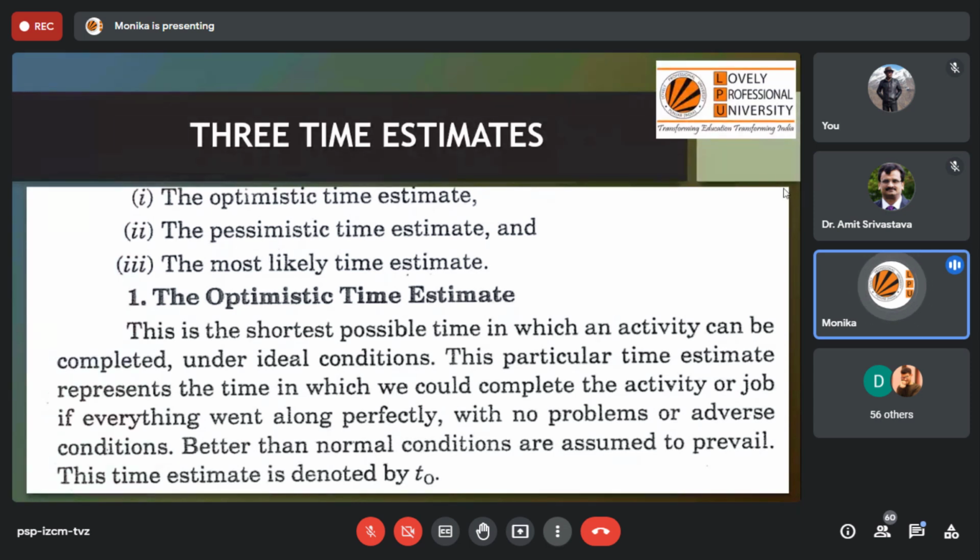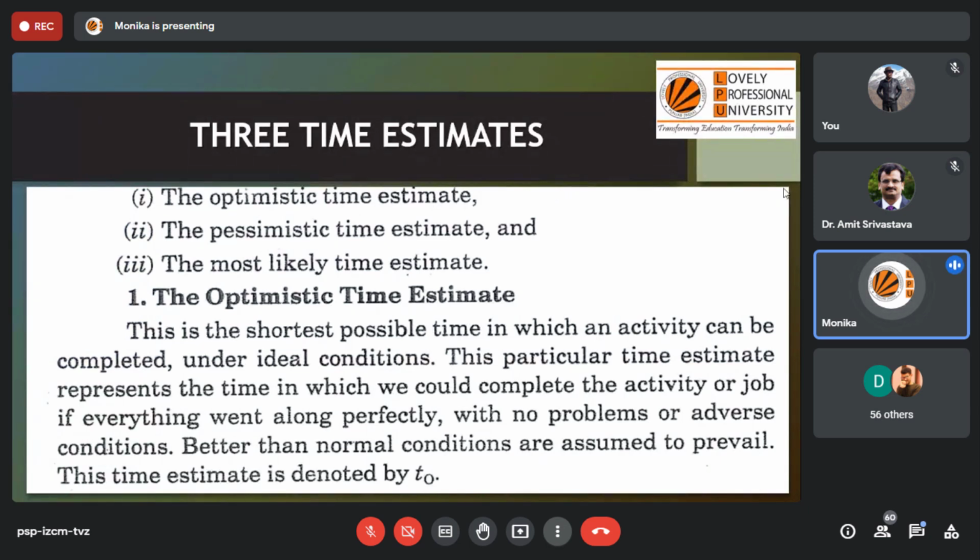Otherwise, let us consider there is continuous rain for 10 days or 5 days. It means our project will get delayed by some duration. Now, we cannot say that if rain is there for 5 days, then one activity is delayed for 5 days only, and the overall project will also be delayed for 5 days. No, because the interdependency of the activities will decide how long the total duration will exceed.